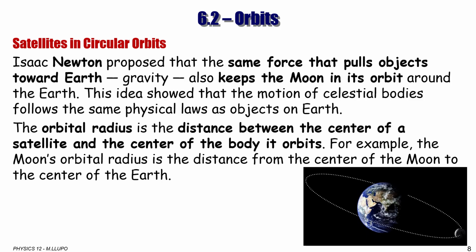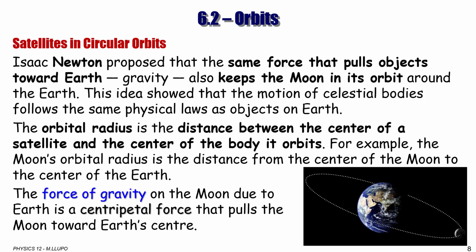The orbital radius is the distance between the center of the satellite and the center of the body it orbits. For example, the Moon's orbital radius is the distance from the center of the Moon to the center of the Earth. The force of gravity on the Moon due to the Earth is a centripetal force that pulls the Moon toward Earth's center. We talked about centripetal forces in chapter 3.